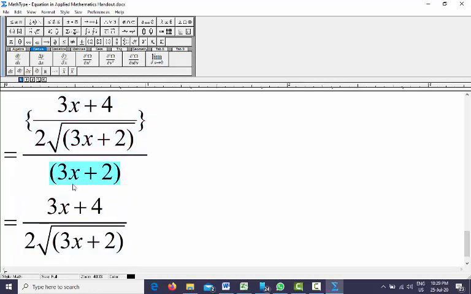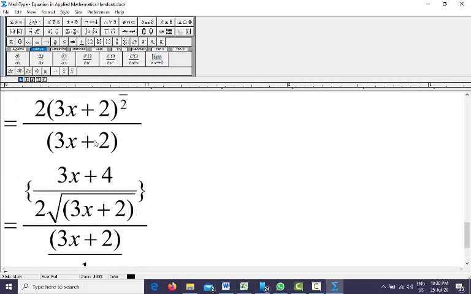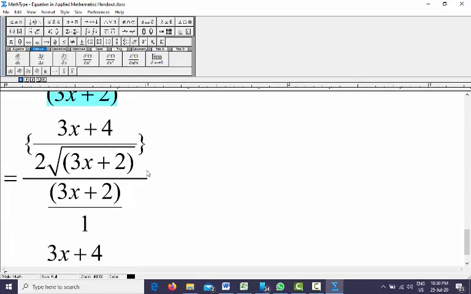We have nothing below it, which doesn't mean that there is nothing there. So that means we have a 1 below it. We have only 3x plus 2 in the denominator, so we have a 1 below this one.